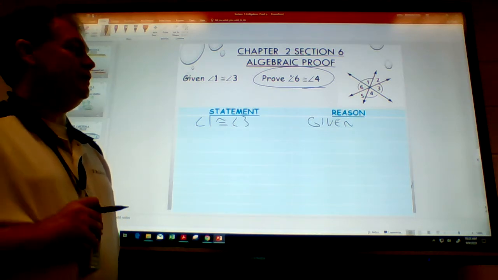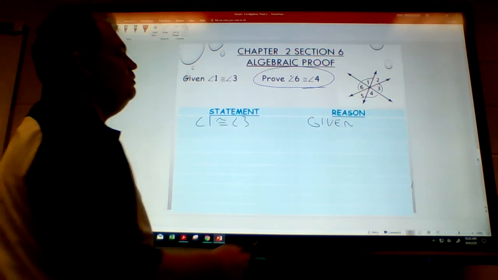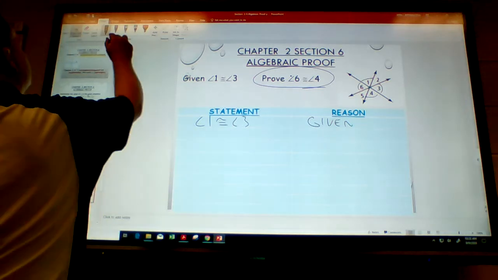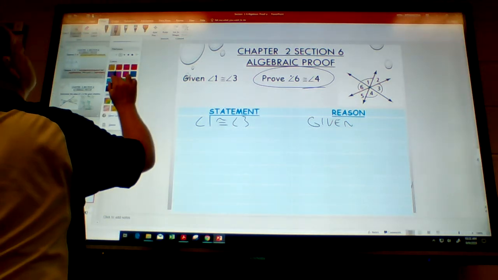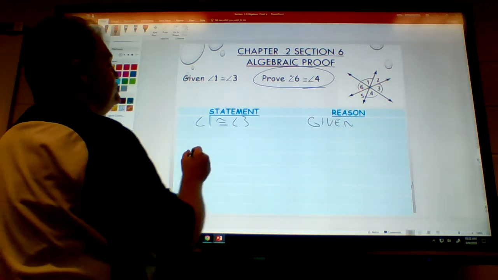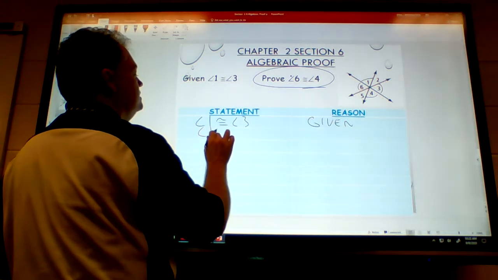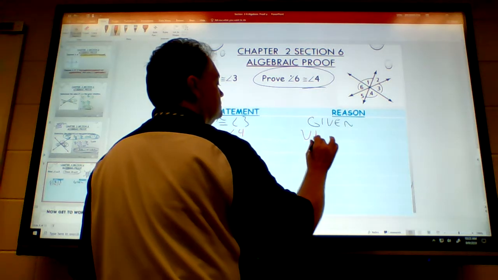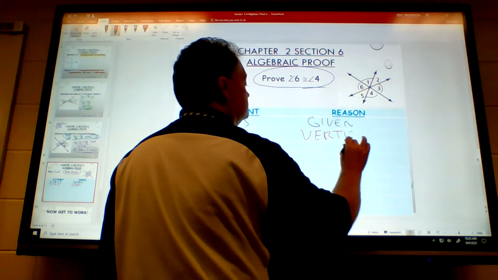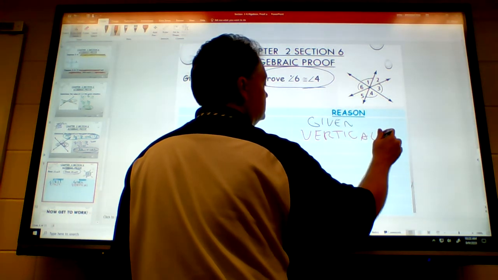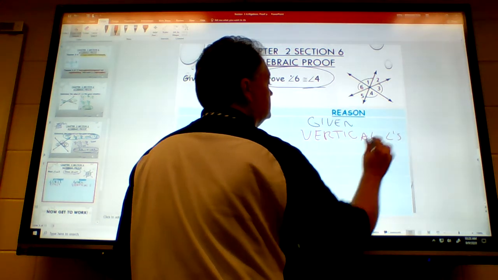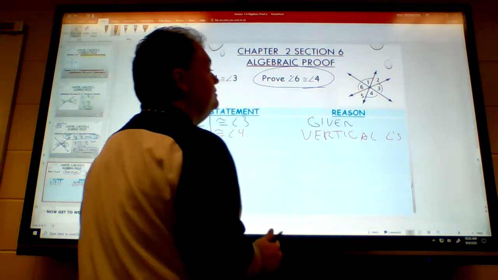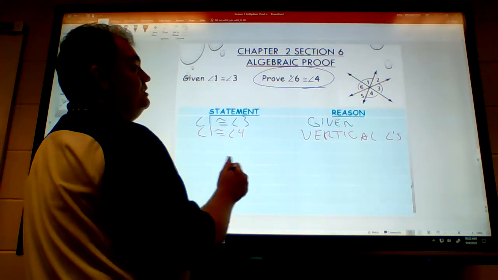So here's what I know. I know that angle 1 is vertical with angle 4, so that makes them congruent. And some of this is just trial and error. So angle 1 is congruent to angle 4 by vertical angles. I also know that angle 6 and angle 3 are vertical angles.